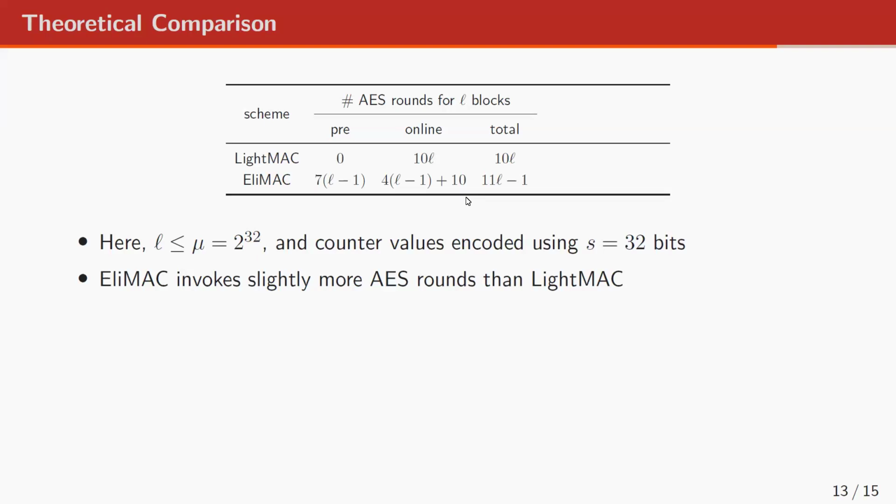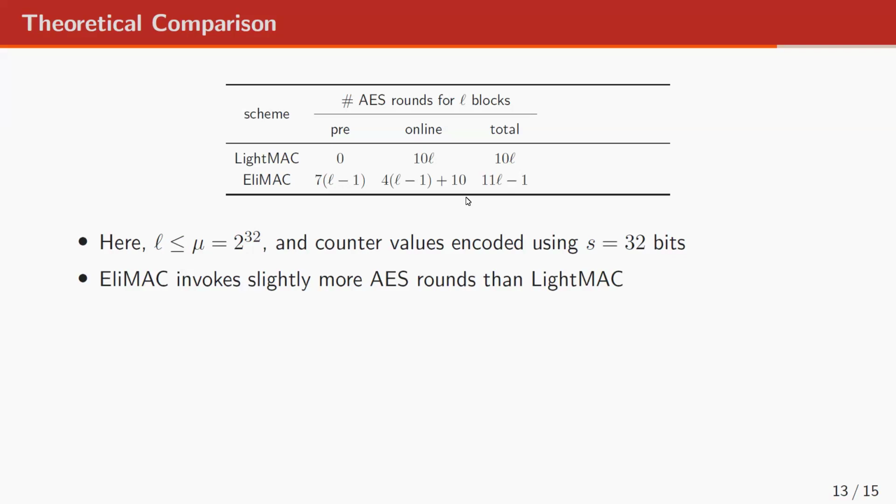LightMac uses a full AES construction per block. So if you have LightMac on L blocks, you evaluate L AESs, so 10 times L AES rounds, with no pre-computation. So the total number of AES rounds in LightMac would be 10L.